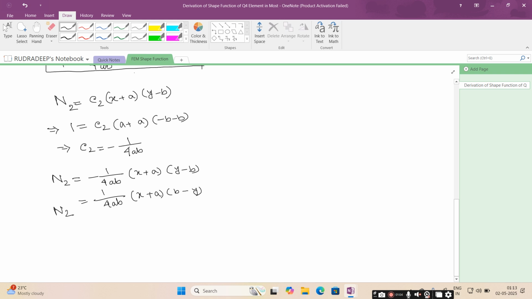So this way I have derived the shape function for node 2. This is the second shape function.